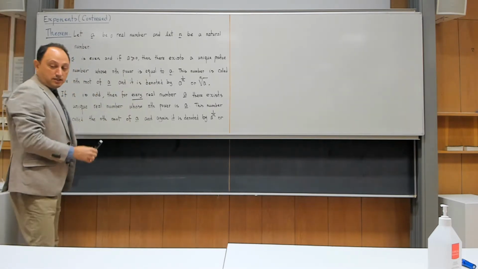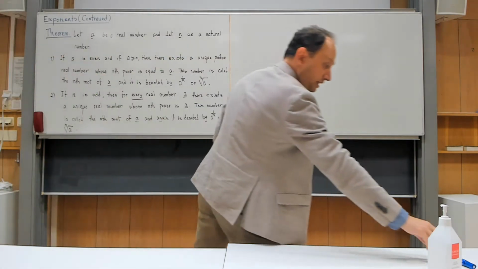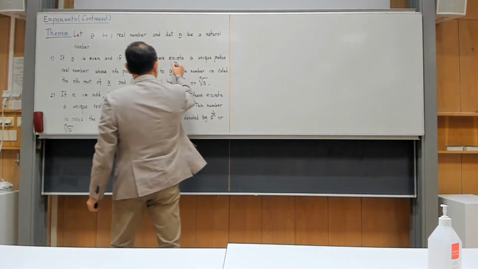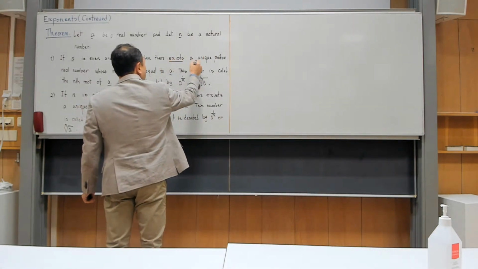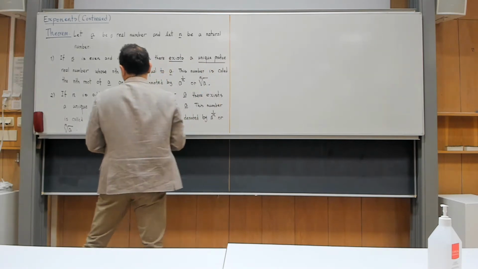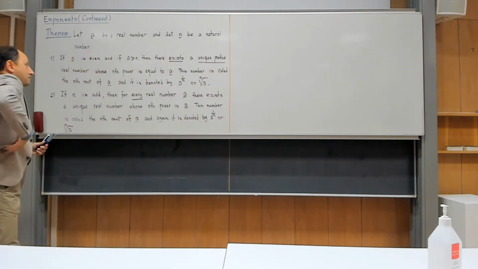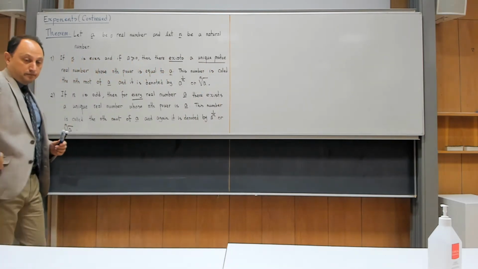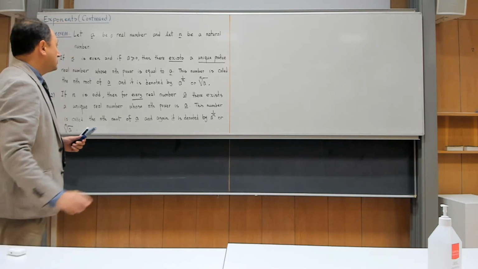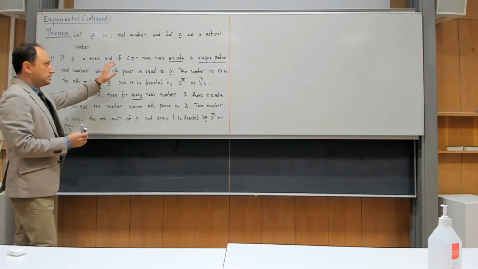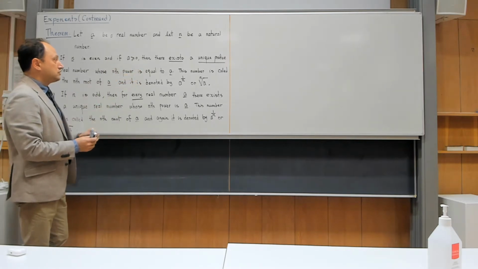The existence and the uniqueness here are the claim in this theorem. There exists a unique positive real number whose nth power is equal to A. You need to trust me on that. The existence is true. Uniqueness is also true.